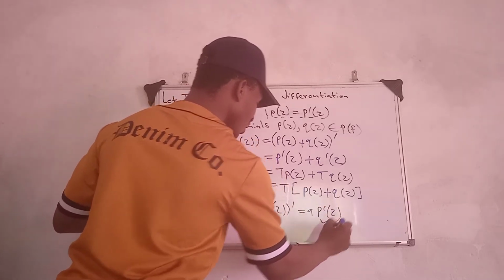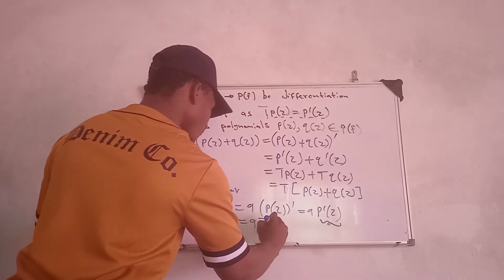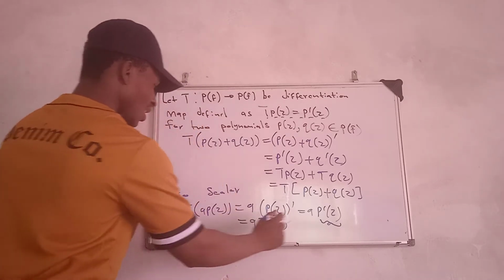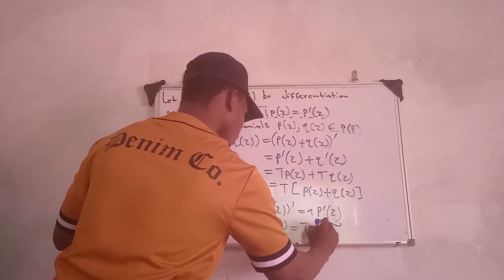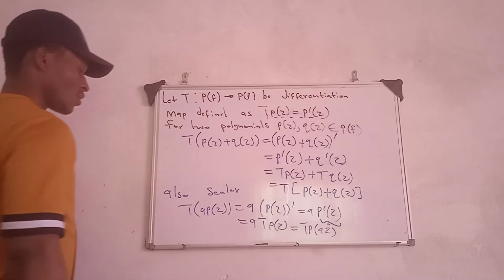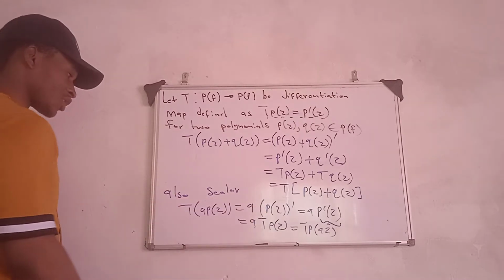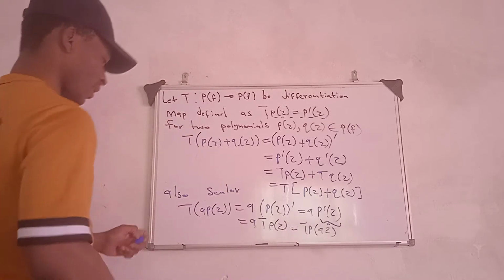But this one is the same as a T p(z). And this can be written as T(a p(z)). It can be written in this fashion, and this thing is equal to this one.